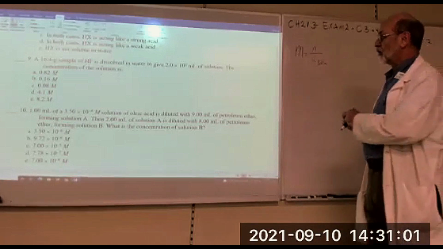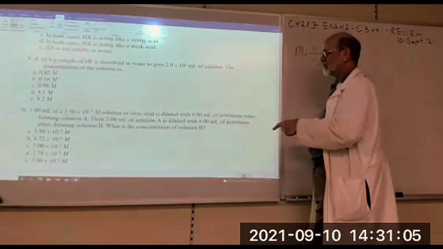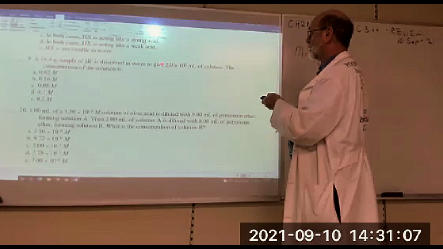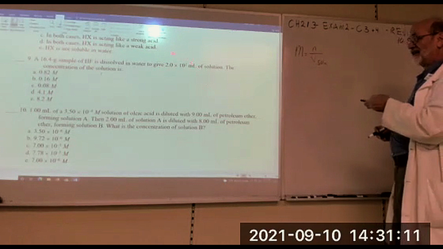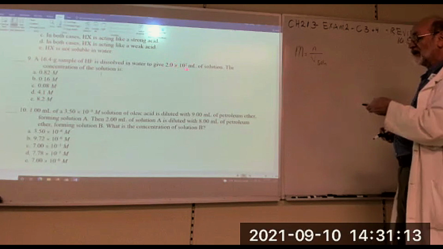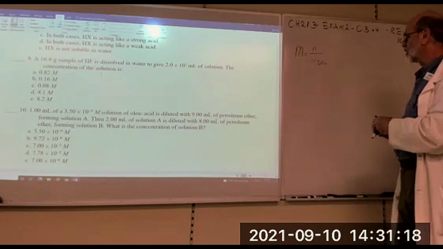So if it says we're going to put that many grams of HF in this milliliters of solution, I thought it said grams. Oh, never mind. That's correct. Right. 200 milliliters, 2 times 10 squared, 200 milliliters of solution.